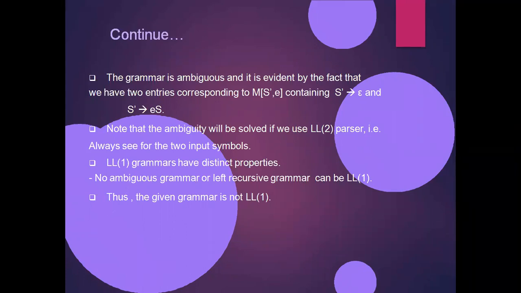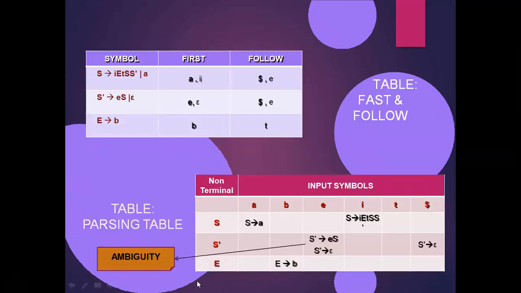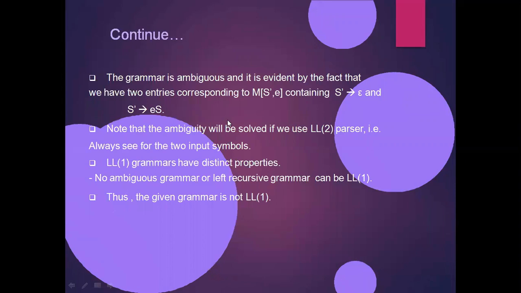The most important property is that the grammar we implement for LL of 1 should be an unambiguous grammar. Therefore we can make the statement that this grammar is not an LL of 1 grammar. You should give the reasons like this, and finally conclude that the given grammar is not an LL of 1 grammar.